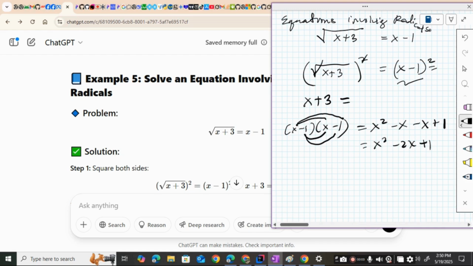Probably by this time you could get the pattern already. If we are squaring a binomial, you have to square the first and the second term first, and then all we need to do is multiply this constant by 2. So that's essentially negative 2x.